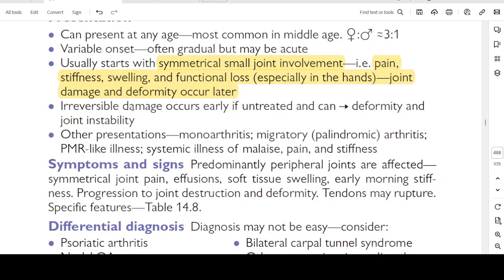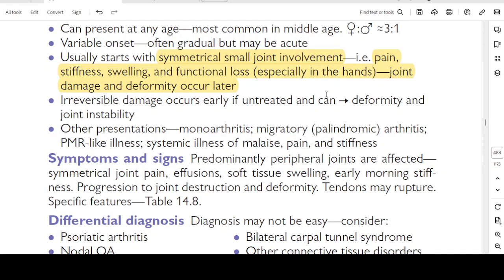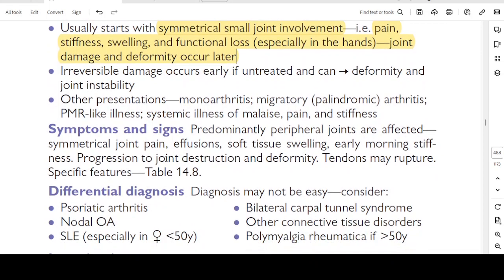Irreversible damage occurs early if untreated and can cause deformity and joint instability. Other presentations: monoarthritis, migratory palindromic arthritis, PMR-like illness, and systemic illness of malaise, pain, and stiffness.